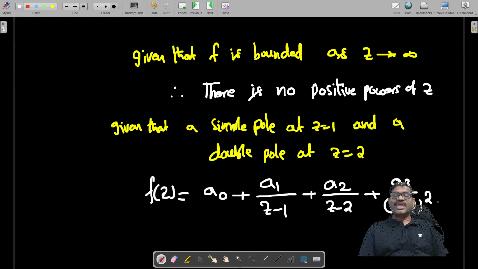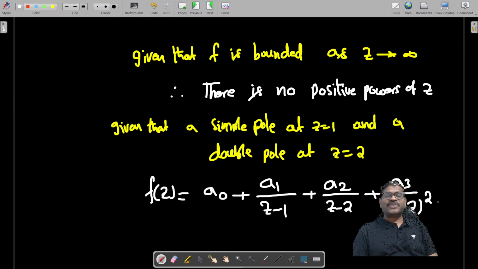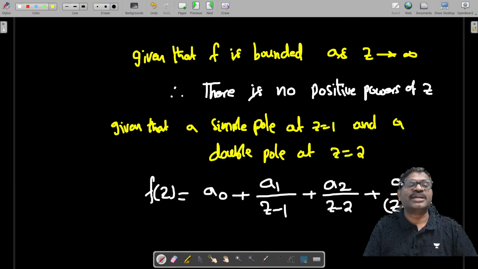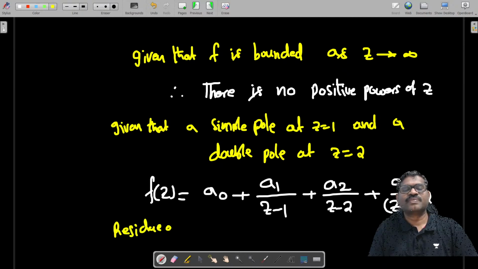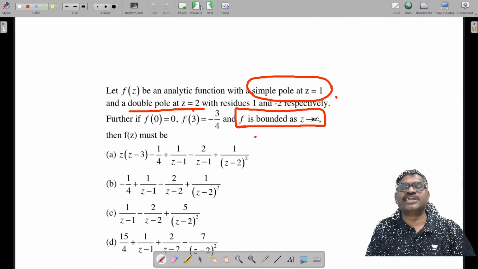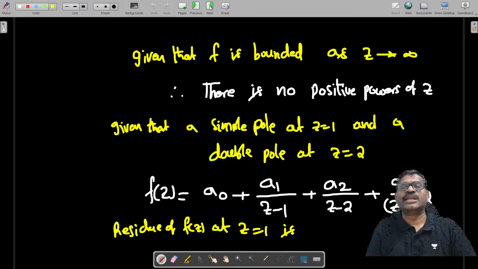Okay, na? a1 is the residue of f of z at z equal to 1. a2 is the residue of f of z at z equal to 2. Sir, in the data they have provided the residue of f of z at z equal to 1 is 1.